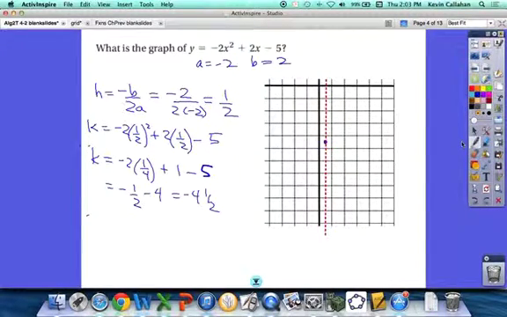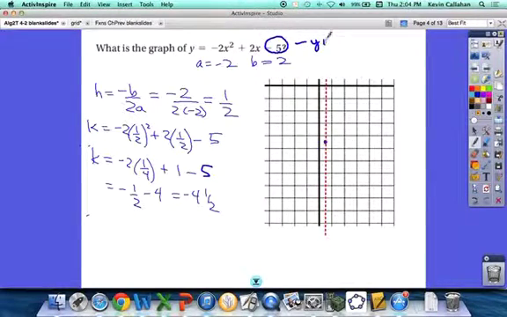Back to the pen. Blue. Okay, now we need to find a point on one side of the parabola, and then we'll use symmetry to find another point. Well, there's one point on this graph that we actually already know by looking at the equation. Which is it? The y-intercept. What's the y-intercept? It's -5, right? So we could take that point right there.